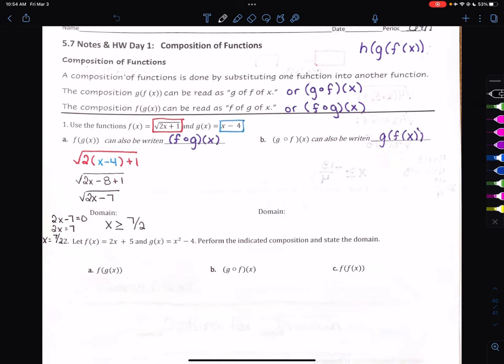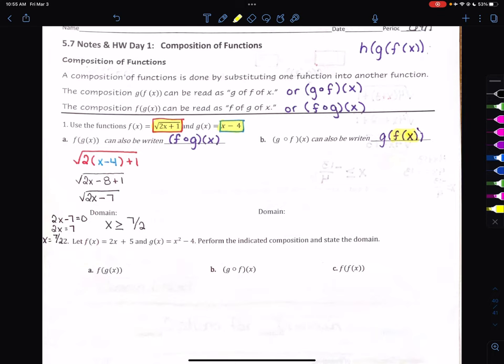So I'm going to go ahead and look at this one and identify first. Remember that the f of x equation is radical 2x plus 1. The g of x equation was x minus 4. Now, we talked about that the variable closest to x, which in this case is f of x, is what's going to go on the inside of the g of x function.